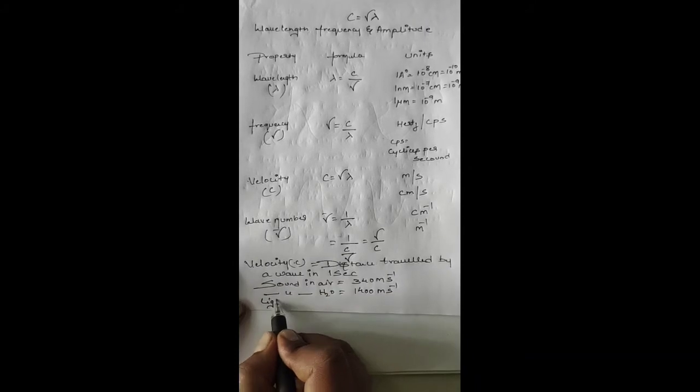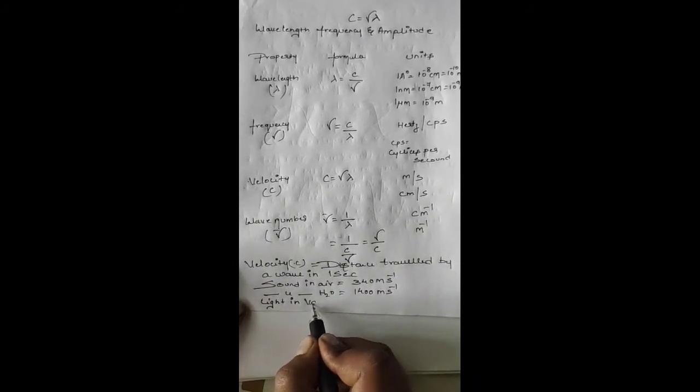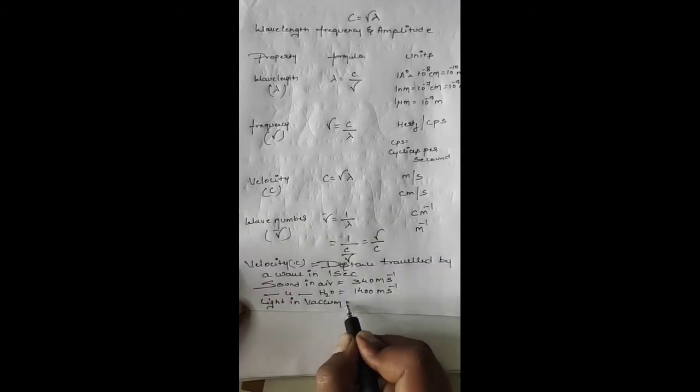Another one is light. We are taking light moving in vacuum. It is 3 into 10 to the power of 8 meter per second. Next we are going to study about electromagnetic radiations.